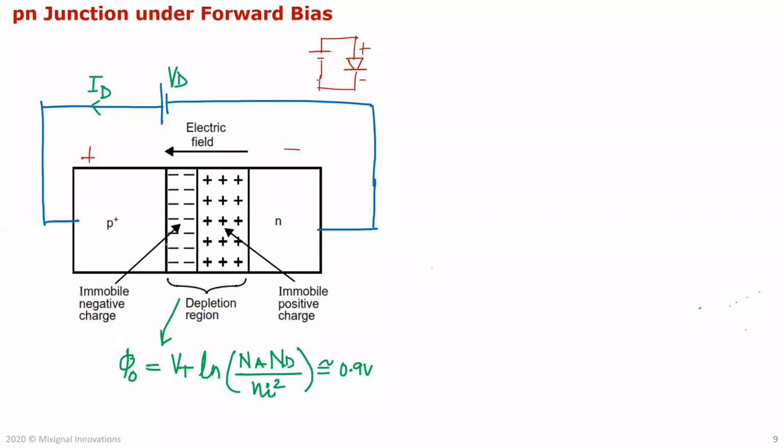Once you put more positive voltage, again, I will not go into the workings of it. You can follow any of the textbooks if you're interested. But essentially, when you do that, if you calculate the electron density at these edges, it has an exponential nature. They create a lot of electrons at this point after a certain voltage.